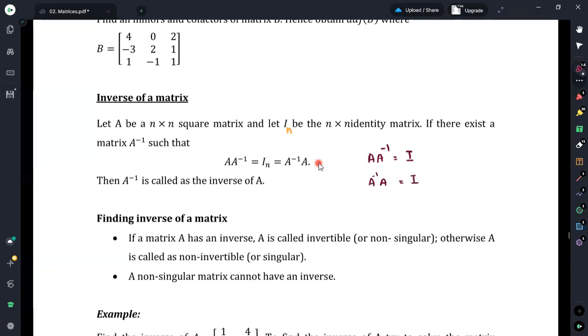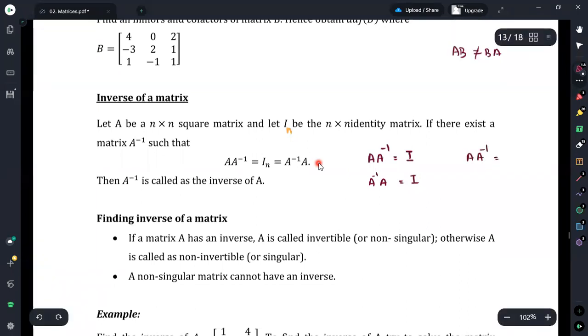When I was discussing matrix multiplication, I told you that in general AB does not equal BA. But once you see this equality, we can say that A times A inverse equals A inverse times A. Suppose that this A inverse is the matrix B, but in this situation A times B is equal to B times A. This is what we have observed as the equality.